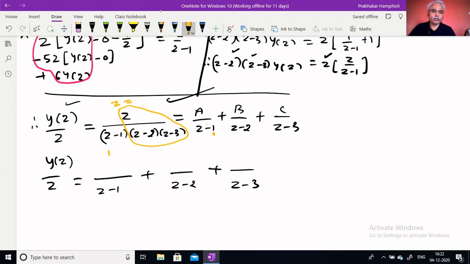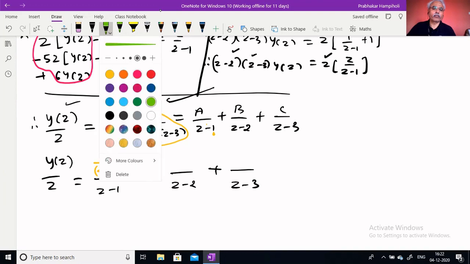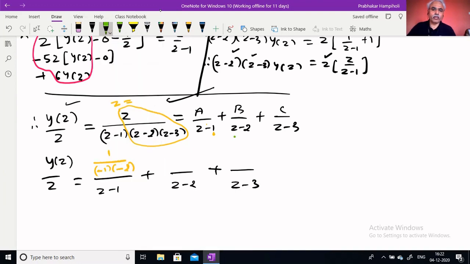What happens? 1 upon 1 minus 2 is minus 1, and 1 minus 3 is minus 2. In a very similar way, to find the B value, you leave this z minus 2, and in the remaining part you put z equal to 2.